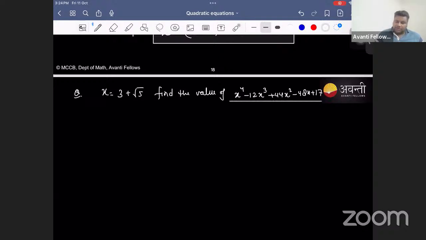With the help of the given information, find this value. Give it a try quickly. It's an integer type answer. You may give your answer in the chat box.